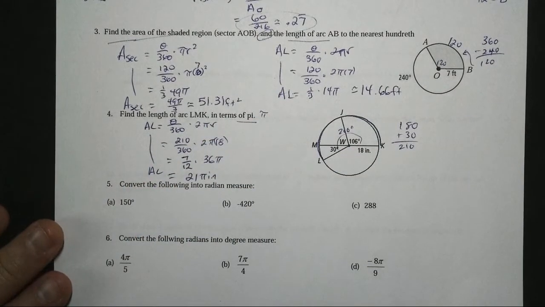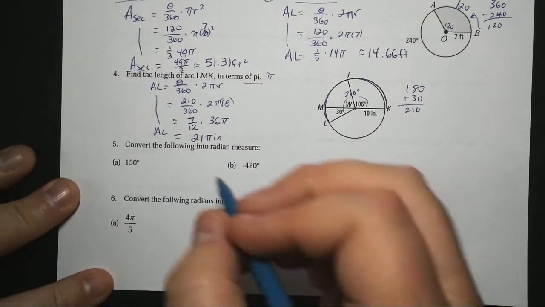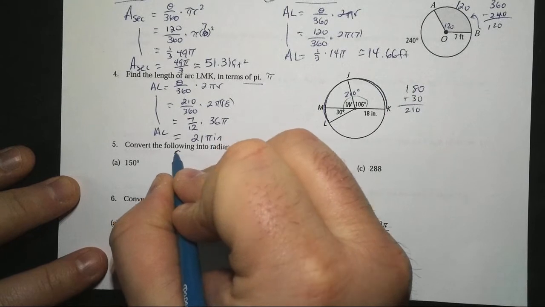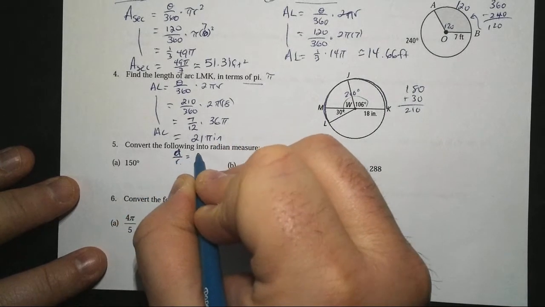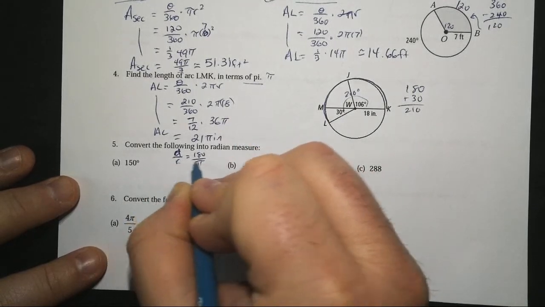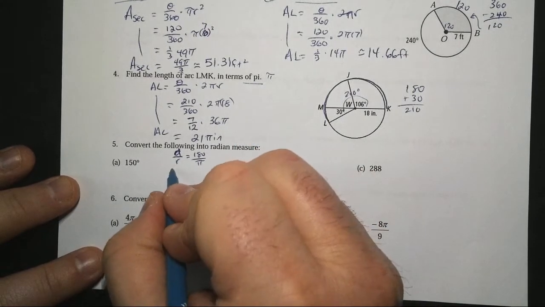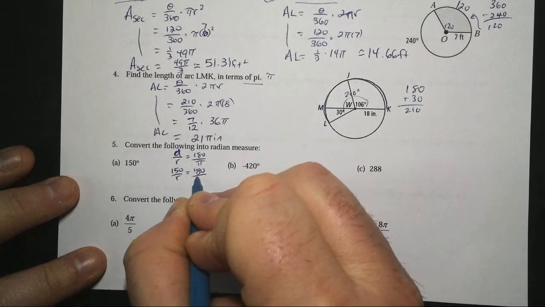Convert the following into radian measure. Okay, so if you want to do it by hand, we're doing degrees over radians, and then you're doing 180 where the degrees is, same level, over pi for the same level in the radians. Plug in. So 150 over r is equal to 180 over pi.